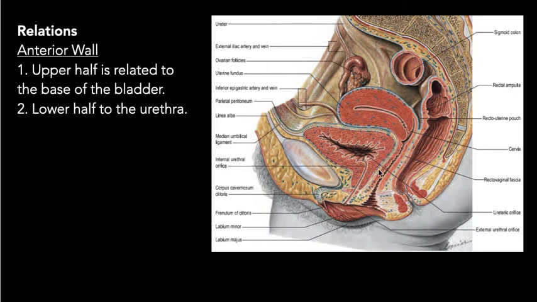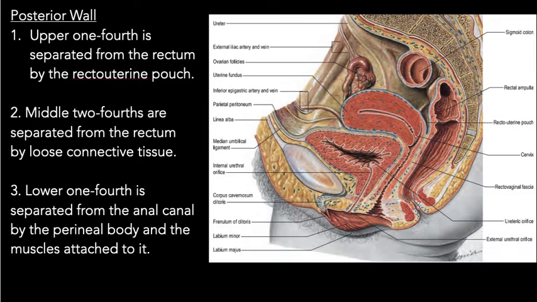Relations. The anterior wall, the upper half, is related to the base of the bladder, as you can see, whereas the lower half is related to the urethra. This is the urethra. The posterior wall, the upper 1/4, is separated from the rectum by the rectouterine pouch.